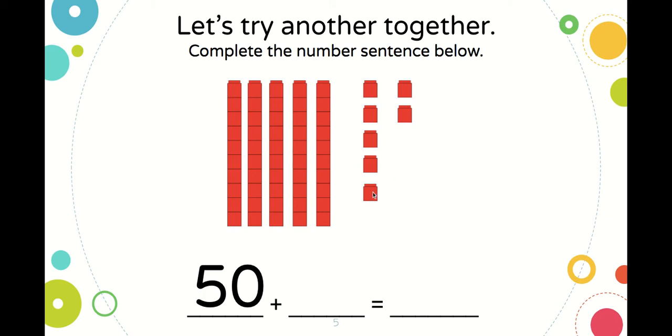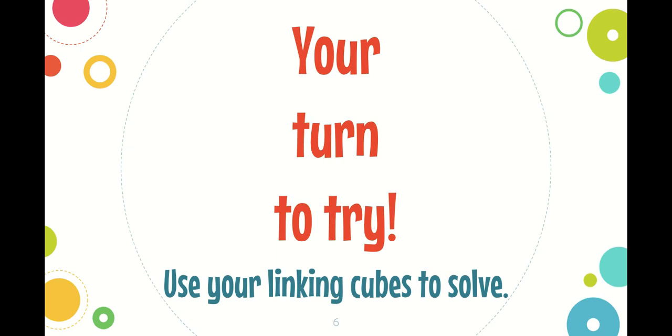And now we got to do the ones. 1, 2, 3, 4, 5, 6, 7. We'll put that here on this spot. So now we have 50 plus 7. And all we got to do is just count on from 50. So we have 50, 51, 52, 53, 54, 55, 56, 57. And that gives our total of 57.